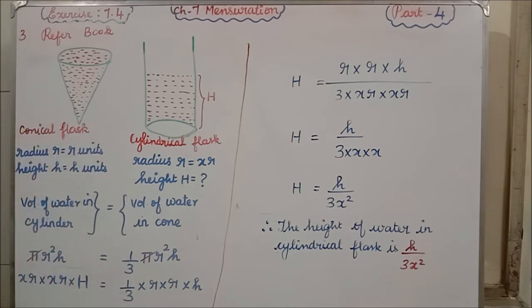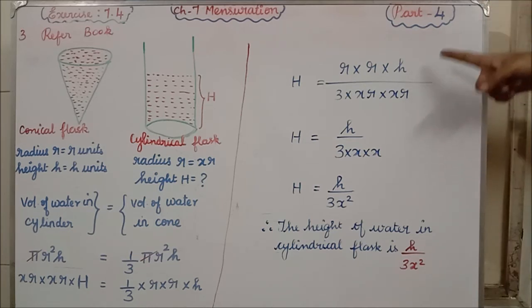So h. Here, the next step, I am keeping this H alone on this side. I am taking this x squared r squared to the denominator part. If you see the next step, I have written like that. So, numerator r square into h divided by 3 into xr into xr. Clear? So afterwards numerator also I am having r, denominator also I am having r.